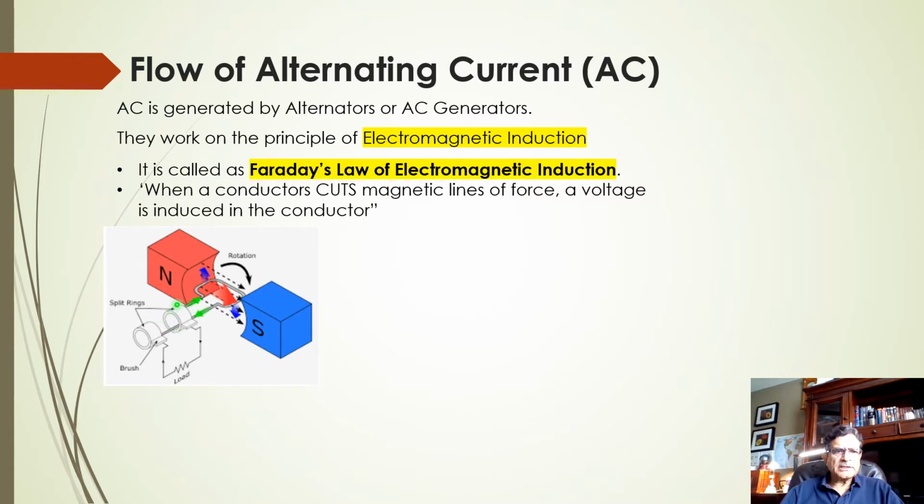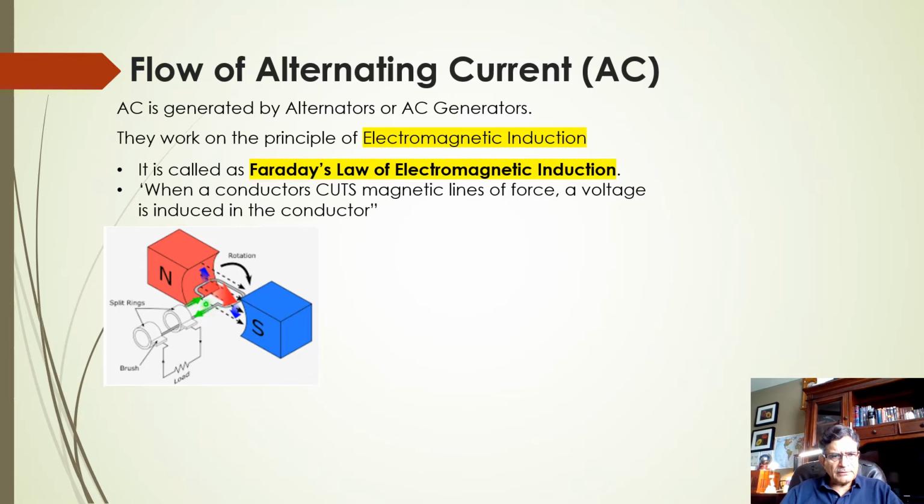The other end of the wire is soldered to the other slip ring. Then two carbon brushes are fixed here, so they just touch the slip rings, they don't move. And from these two carbon brushes, terminals are provided to connect your bulb or load or heater to use the electricity produced in this coil.